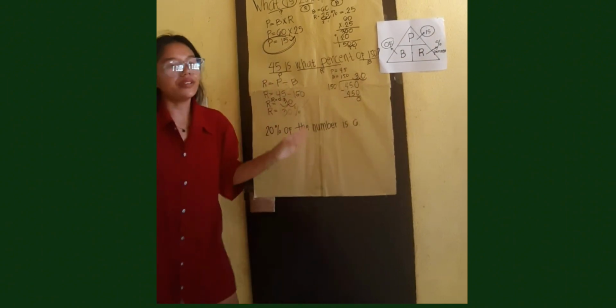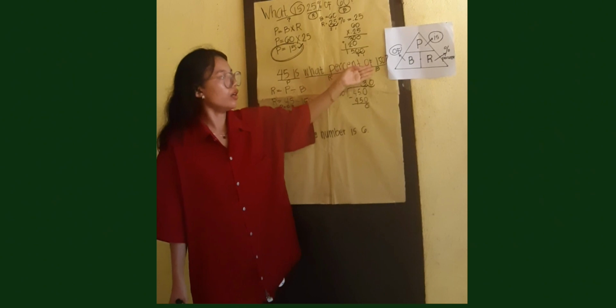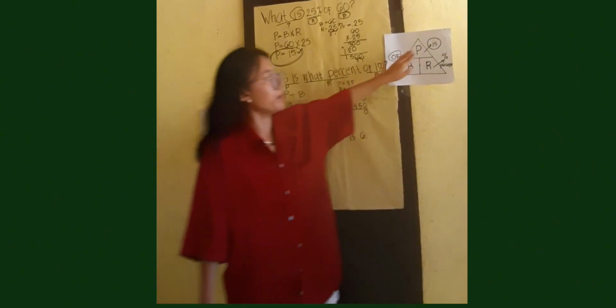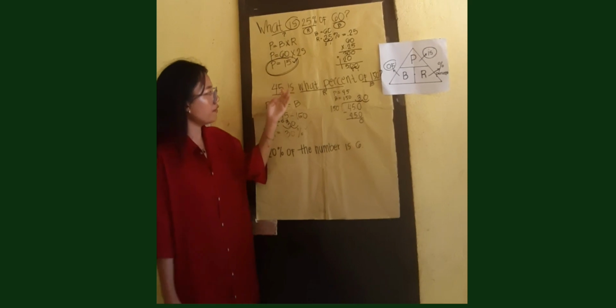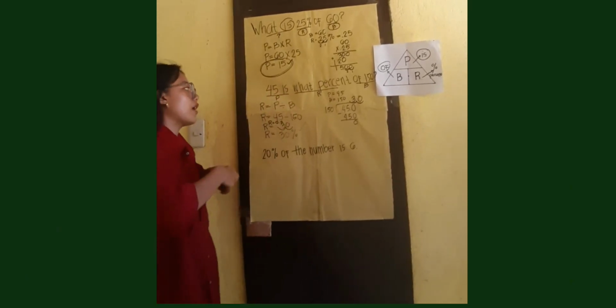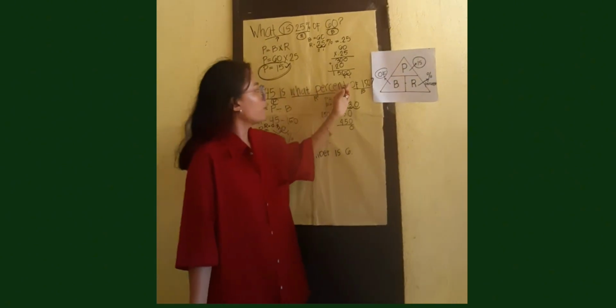Okay, class. So another example is 45 is what percent of 150? Can you now determine kung unsa ang missing term? So, okay, let's try to check. So, 45 is, so since nasa word nga is, so this is our percentage. Then, what percent of 150?